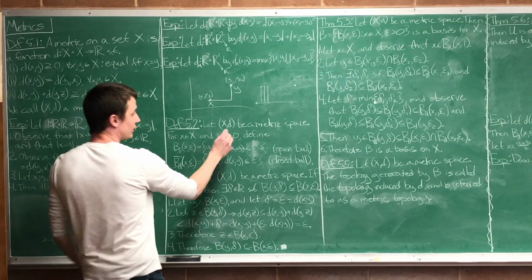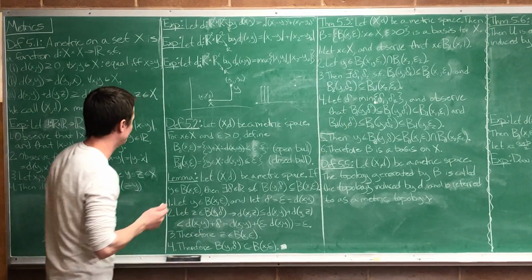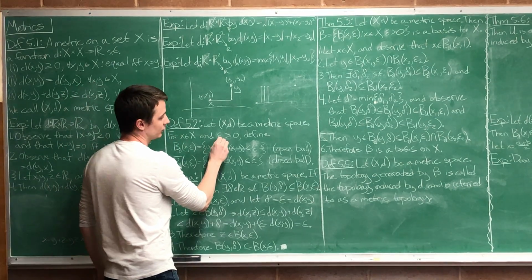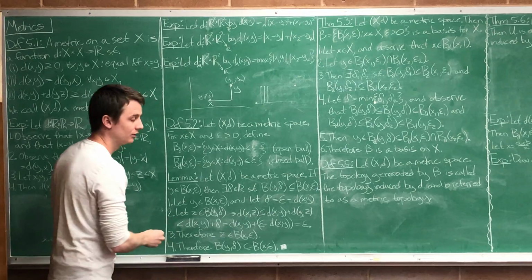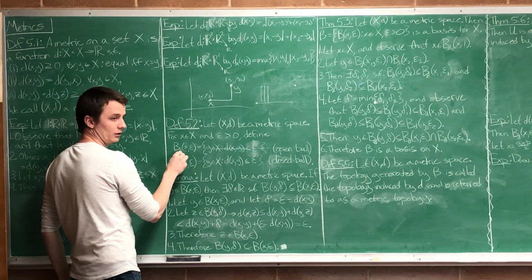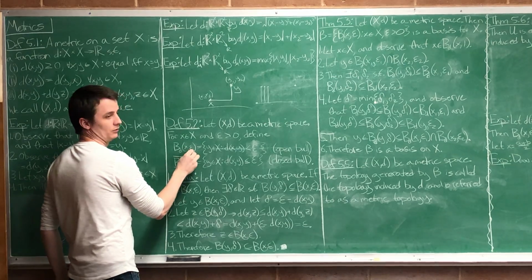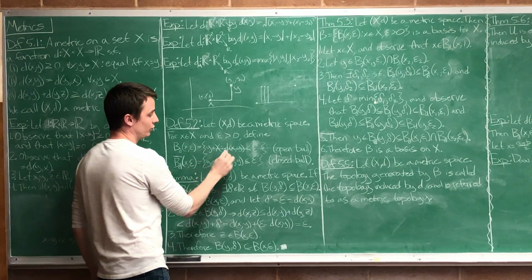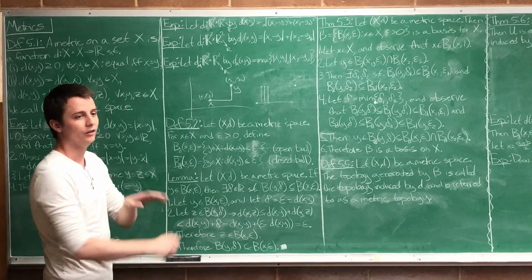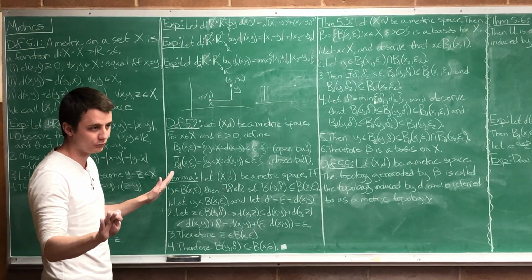Definition. Okay, so let (X, d) be some metric space. For each little x in big X, and for any positive number epsilon, we define the open ball with that metric, centered at x with radius epsilon, to be the set of all points y within distance epsilon of x. This is exactly how we defined open balls before.